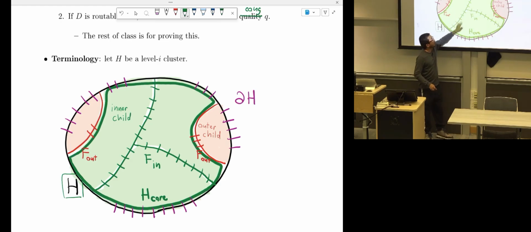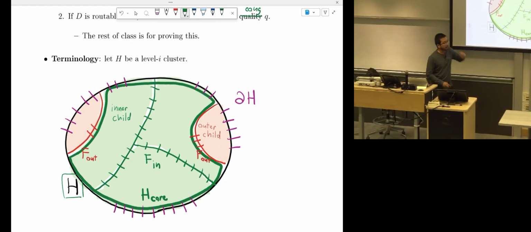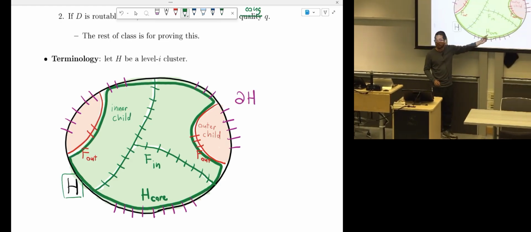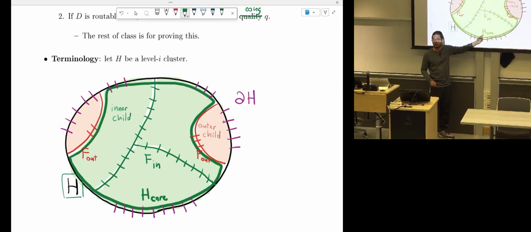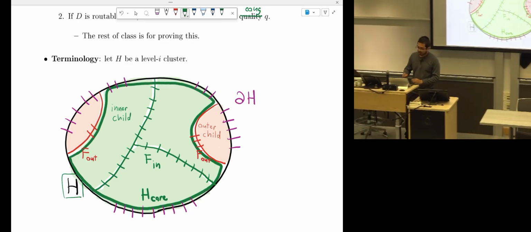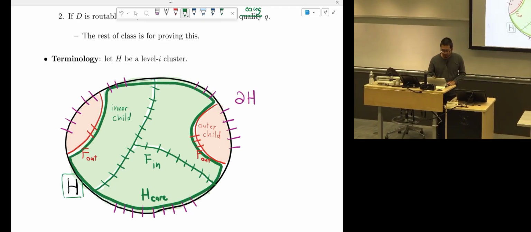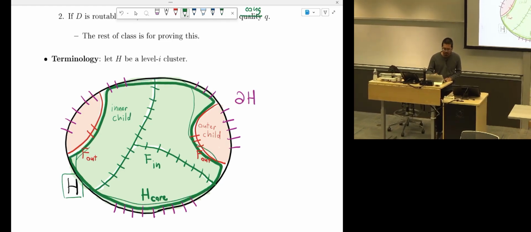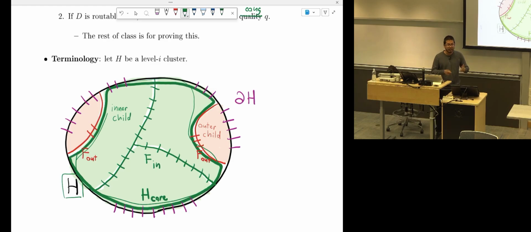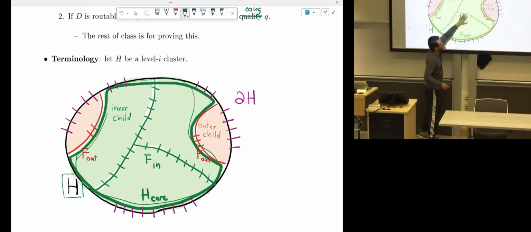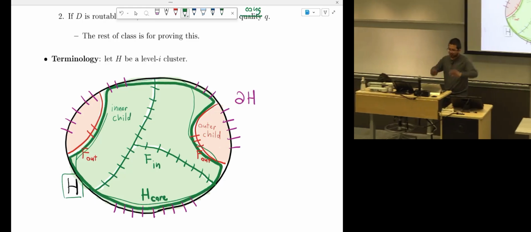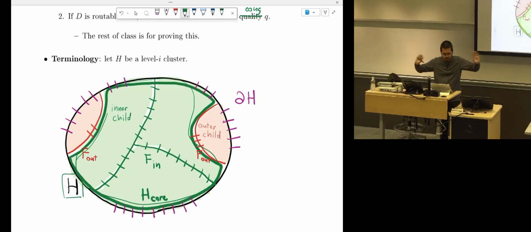Now I define one more thing, which is the core of the cluster. The core is the union of all the subgraphs induced by the inner children, which is just this green part. So when you remove the outer children, that's the core.